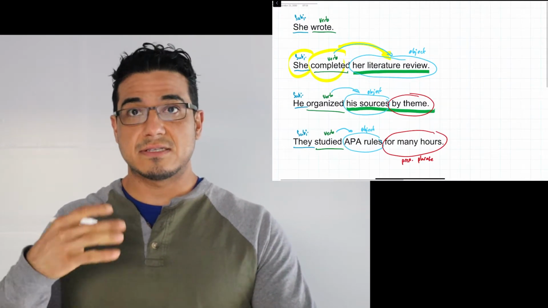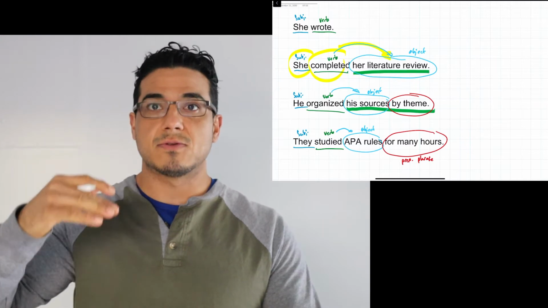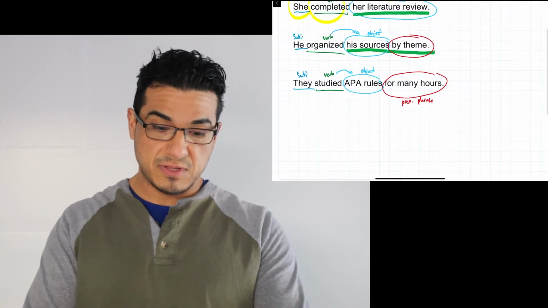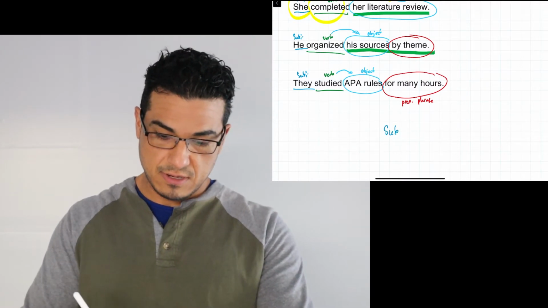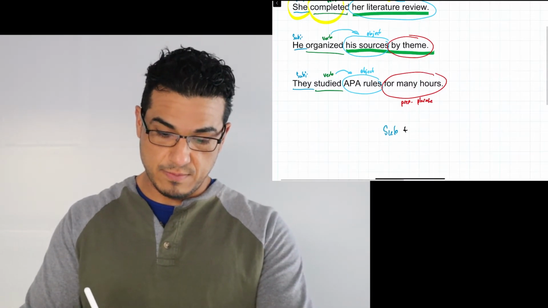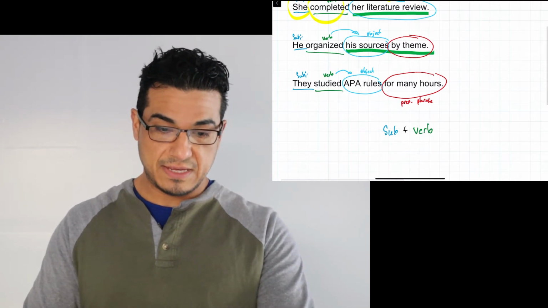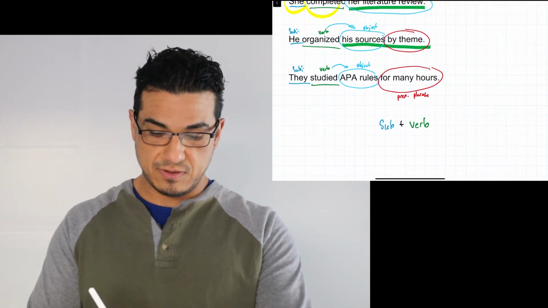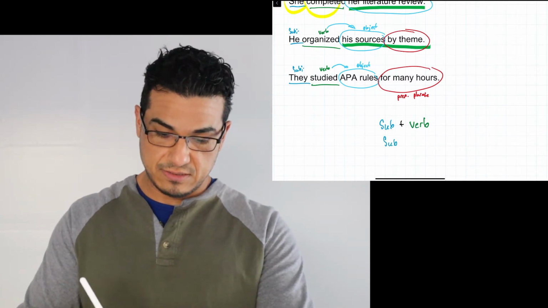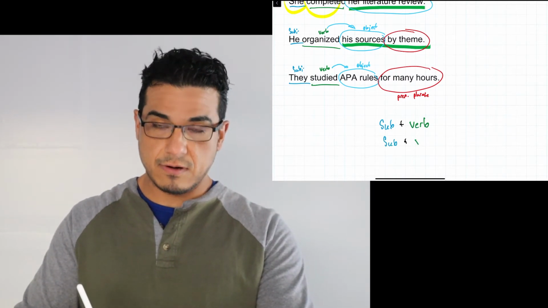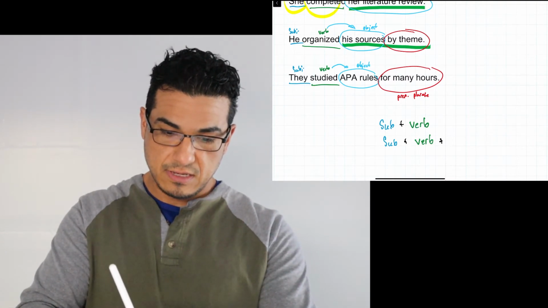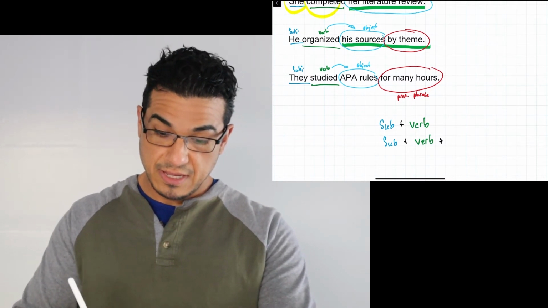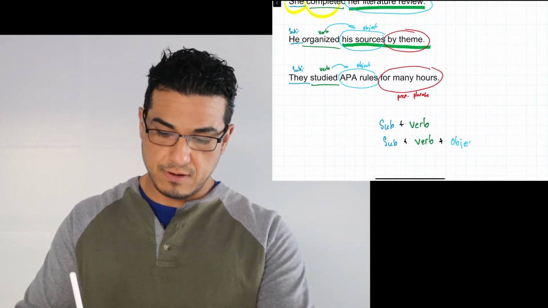All right, so again, when we're looking at simple sentences, which these are all examples of, the formulation can be as basic as a subject plus a verb, or it could be a subject plus a verb, and then in addition to that verb, you would include an object, right?